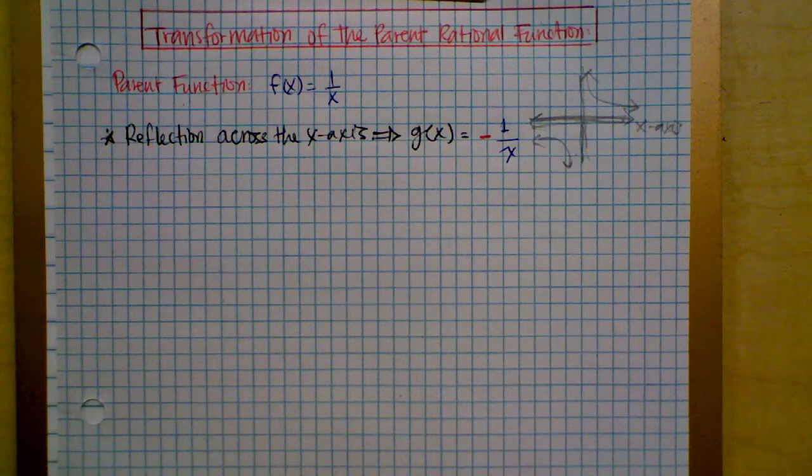I'm going to use the same ordered pairs I used to graph the parent function. Let me show you the notes that we took a couple of days ago when you graphed the parent function.